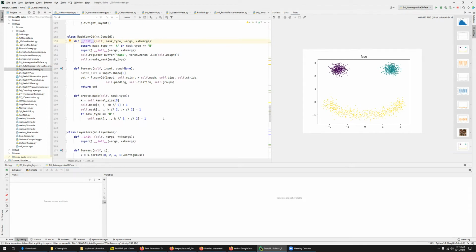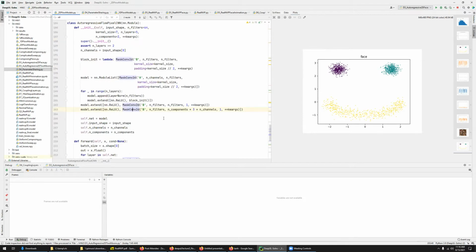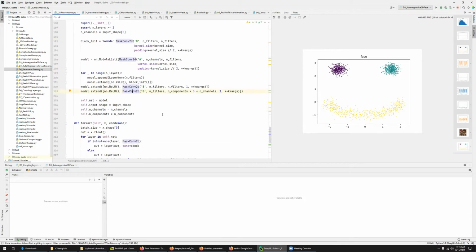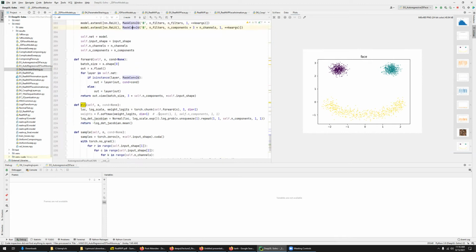So this is basically doing the convolution, but the difference here is, let's look at the NLL. This is actually doing the flow and the loss computation at the same time. So you send in X, and then you should get all of the mean, standard deviation, and weights.